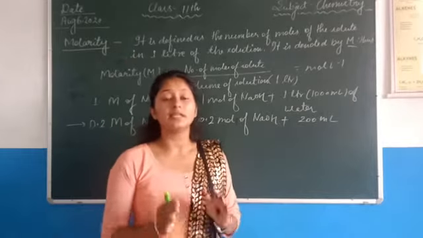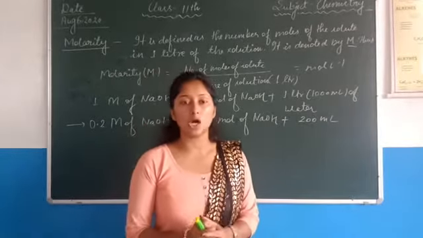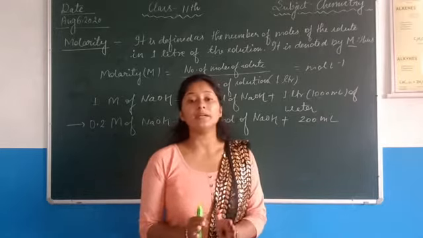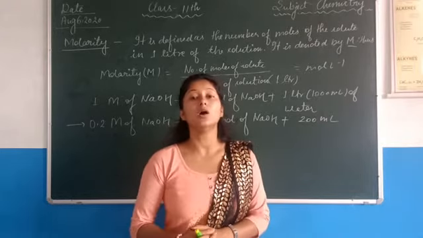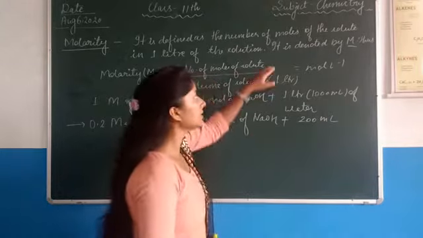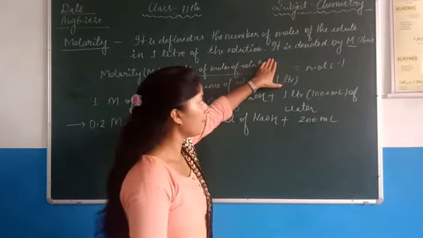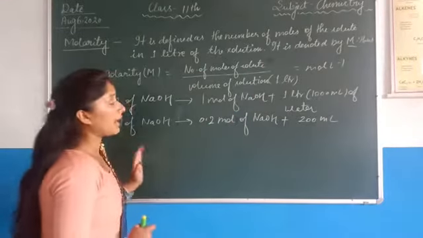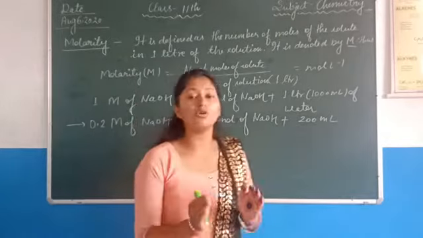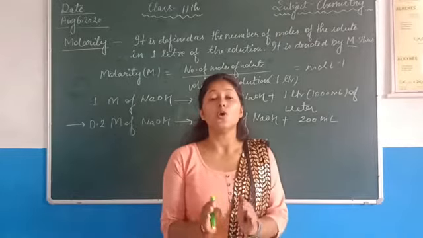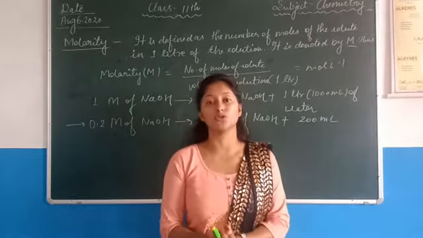Molarity is the number of moles of solute in 1 liter of solution and it is denoted by capital M. So molarity क्या है आपका? Number of moles of solute in 1 liter of solution.